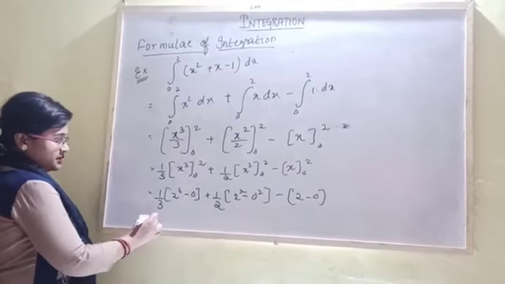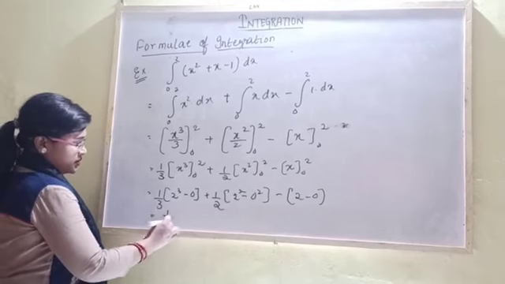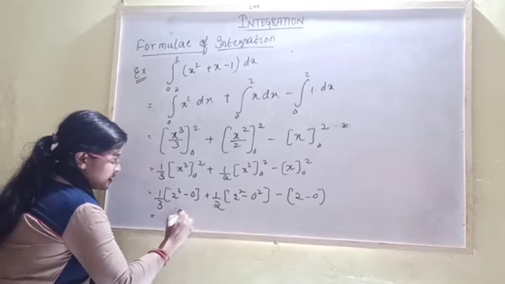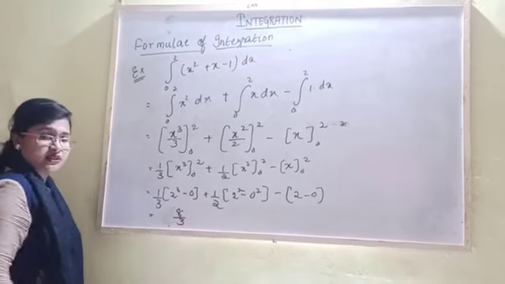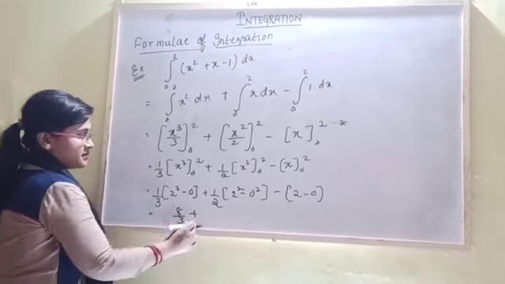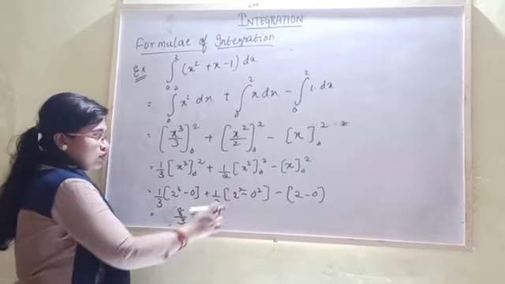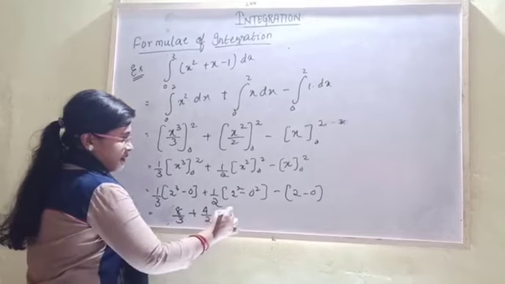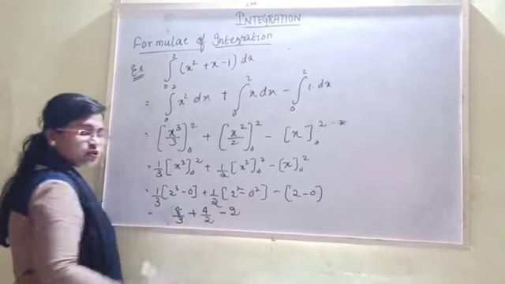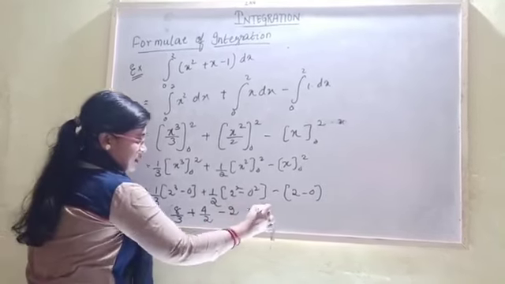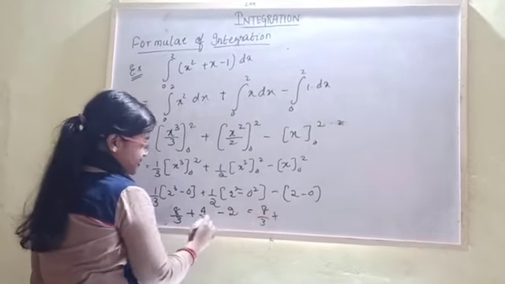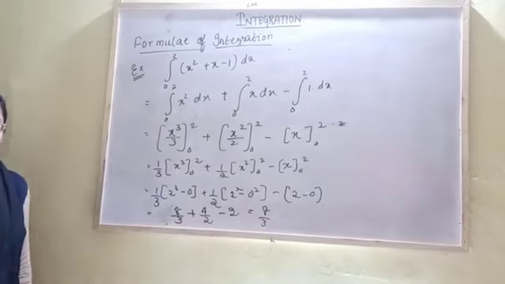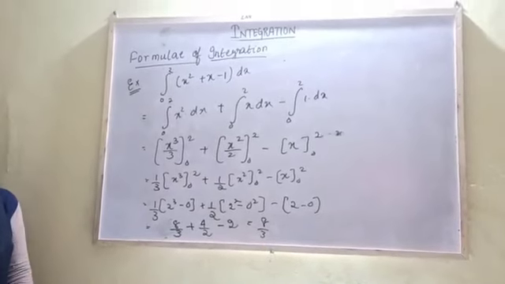Clear? This is equal to 1 by 3, 2 cube is 8, so you can directly write it as 8 by 3, and minus 0 is 0, plus 2 square is 4, you can write it as 4 by 2, minus 2, equals 8 by 3 plus 2 minus 2 is 0. The answer is 8 by 3. Okay, please write down this.